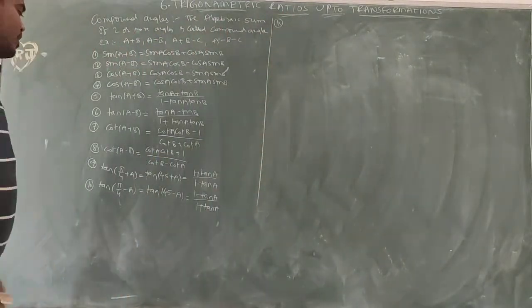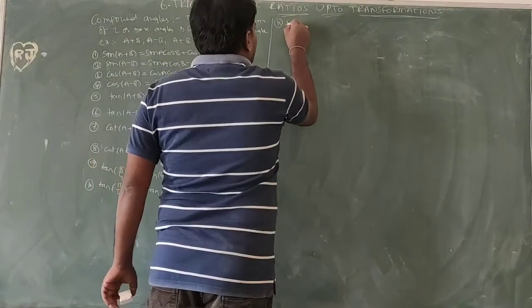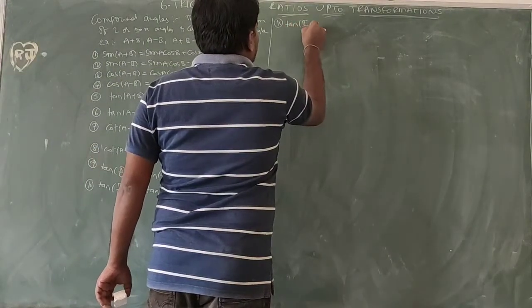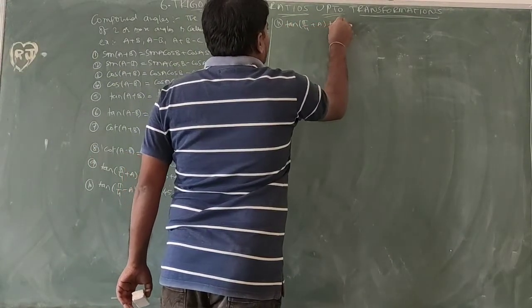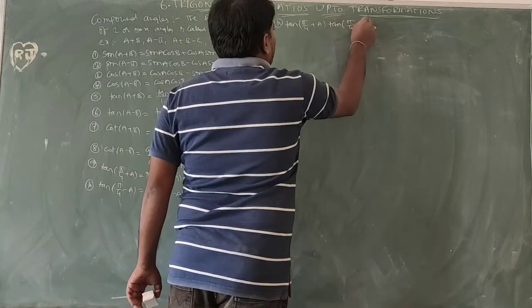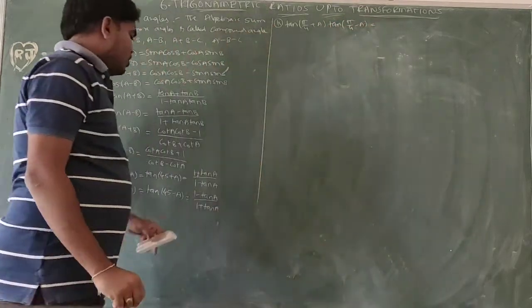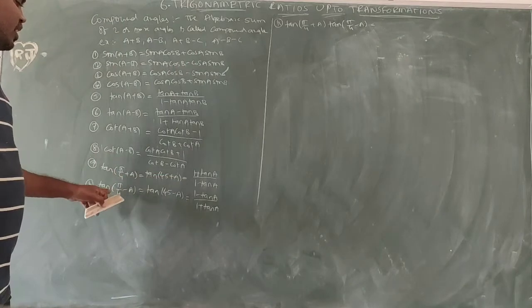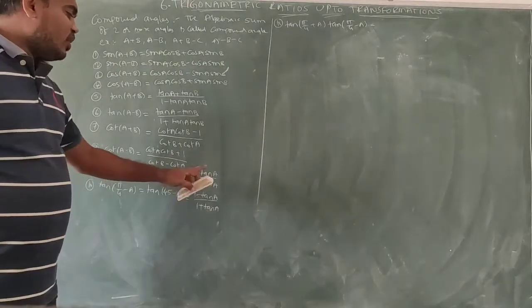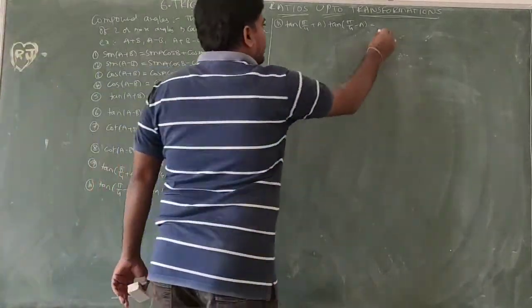So the next formula: tan of pi by 4 plus A times tan of pi by 4 minus A equals 1, since in the product of these two all gets cancelled.